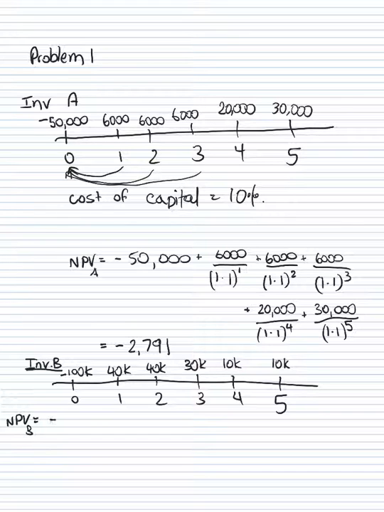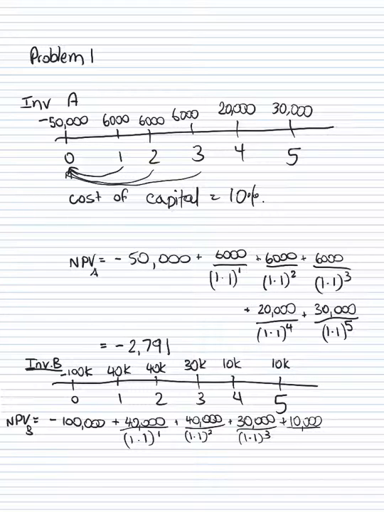Now the net present value of investment B, so I can put an A there and a B there, will be minus the cost of 100,000. And we follow the same process, plus 40,000 over 1.1 to the power of 1, plus 40,000 over 1.1 to the power of 2, plus 30,000 over 1.1 cubed, plus 10,000 over 1.1 to the power of 4, plus 10,000 over 1.1 to the power of 5.